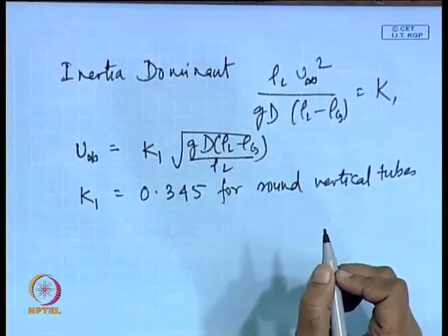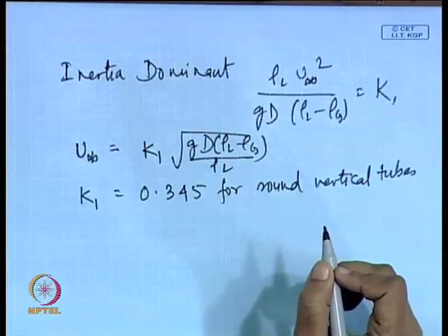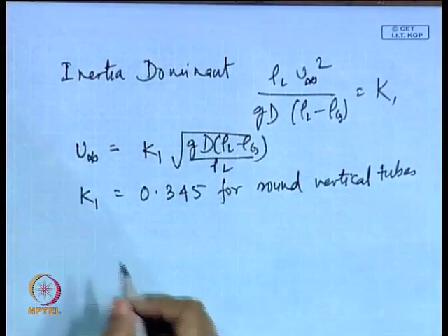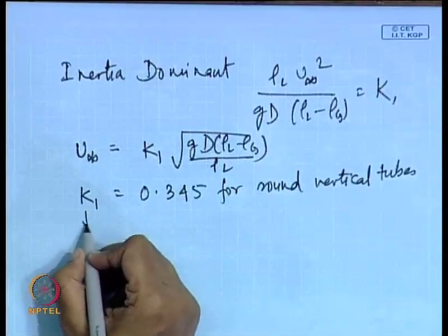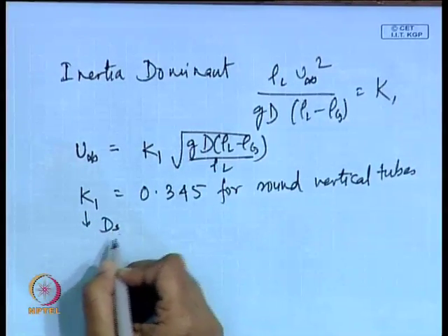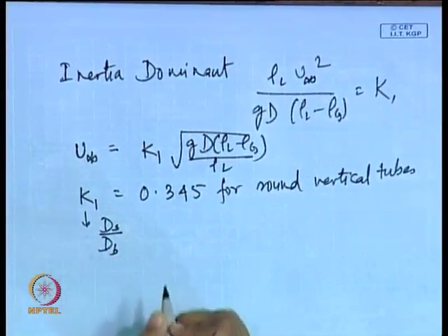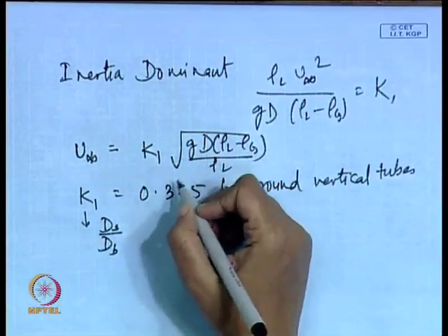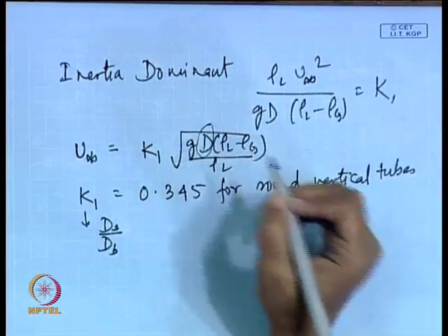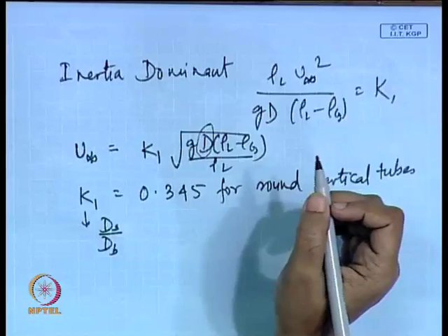For rectangles and annuli, some work has been done. People have found that for rectangles K1 is a function of the shorter length by the larger length, and in that case the diameter has to be replaced by the larger length.